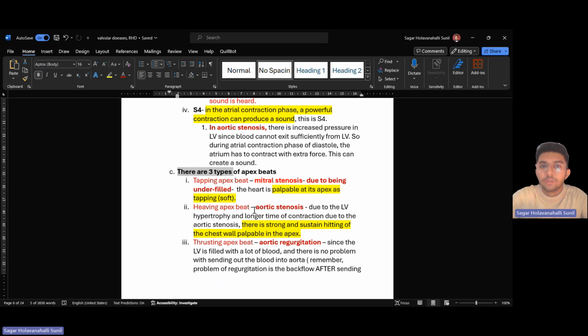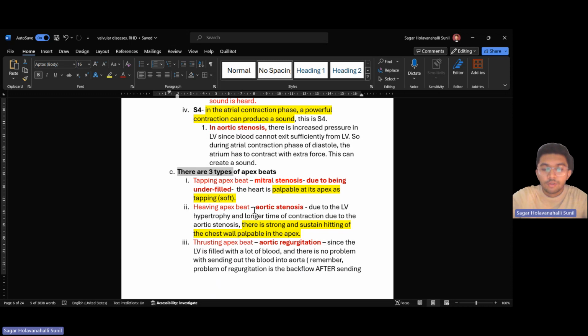When you have aortic stenosis, the left ventricle has to squeeze the blood with a lot of strength, with a lot of force. Over time, there'll be left ventricular hypertrophy. And also, with time, more and more blood just continues to get pooled within the left ventricle because it's not going to exit the aorta, so the time of contraction of the left ventricle becomes longer.